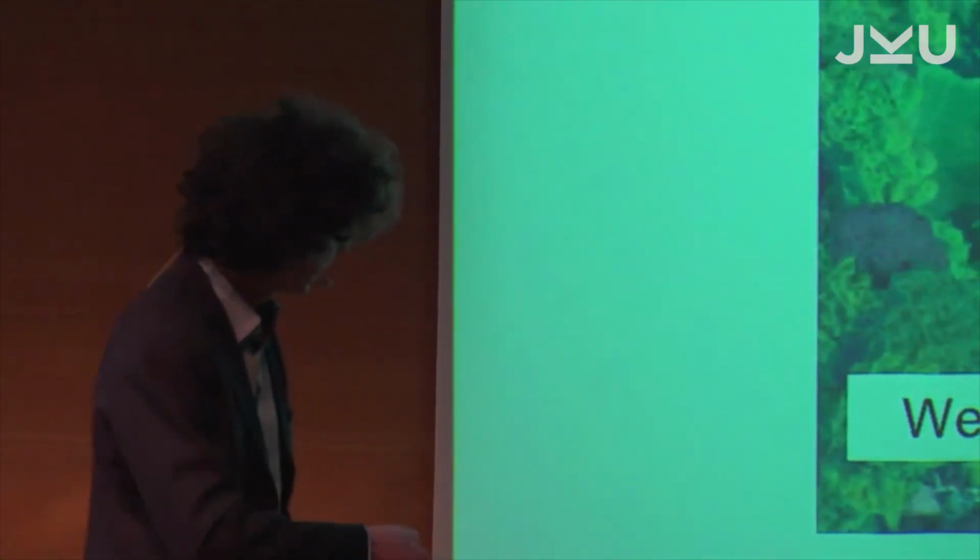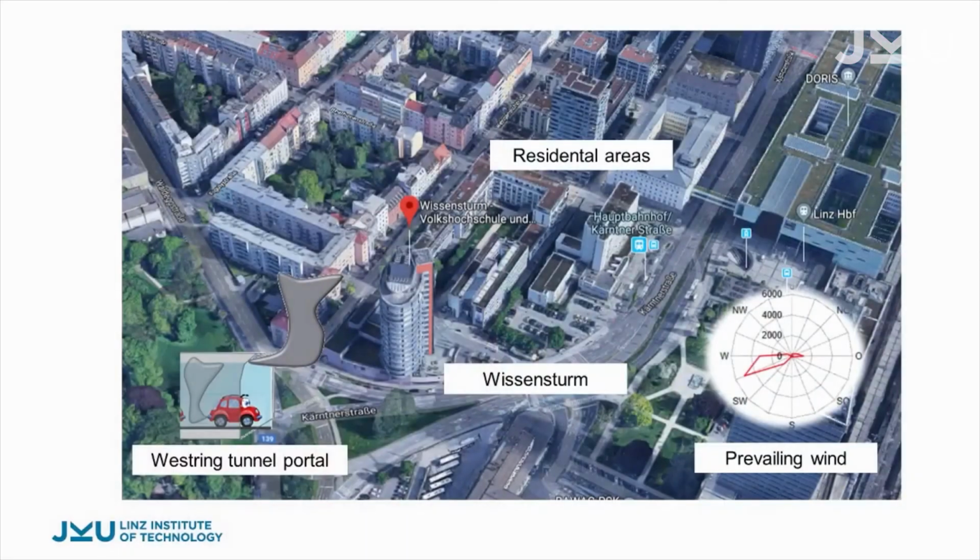So I just placed this sketch here at the portal of the future West Ring tunnel. So we will have a high pollution source just in front of the Wissensturm. And I'm interested in and would like to investigate how this pollution source, point source, influences the residential areas in the wake of the Wissensturm.